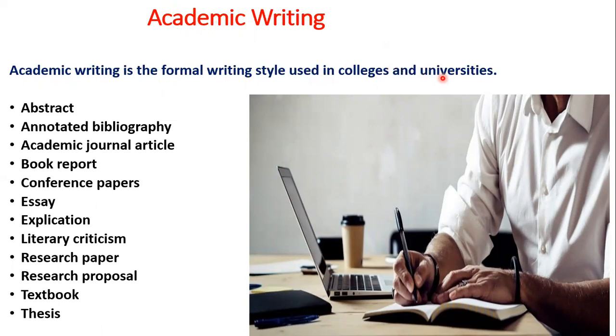Students, you all are aware that academic writing basically is the writing of books, guides, manuals for students studying in schools, colleges, universities, vocational colleges. Clear? And a simple word for this, we use syllabus.